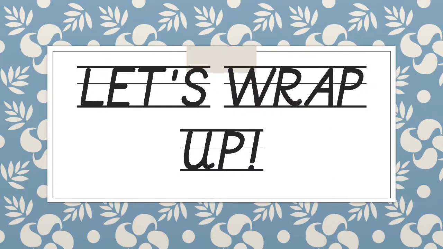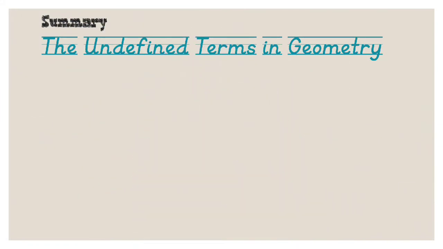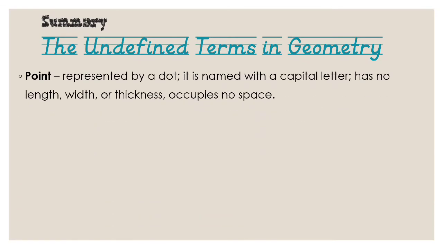Okay, let us go back to those undefined terms in geometry that you have encountered for today. So let us start with point. So again, when we say point, it is represented by a dot. It is named with a capital letter, and it has no length, width, or thickness.